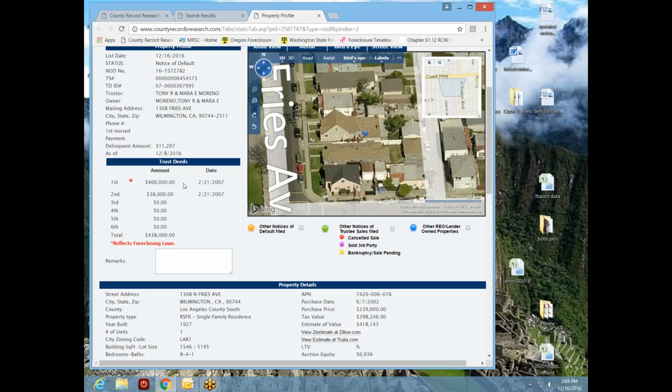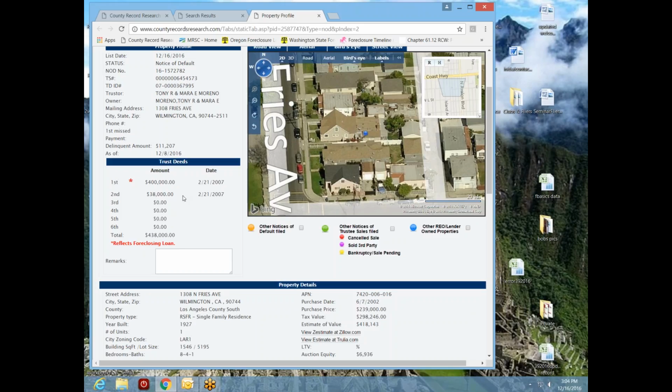Since it's about a 9-year-old note, I'm going to guess that they've only paid it down about 10 to 20 grand by now. So I'm going to say I think they owe right around the 438. Now I'm making a guess, but that's all right. That's close enough for government work, and it's close enough for foreclosures. So I think they owe 438.